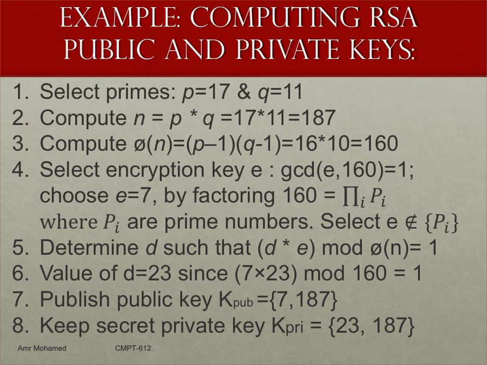Yes, if we know the totient of n. We don't know the totient of n, we know n. To calculate the totient of n, you need P and Q, and P and Q is very, very hard to guess. So we'll stop here, and then we'll talk about this algorithm.